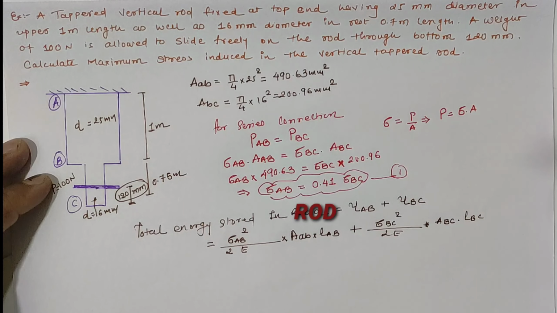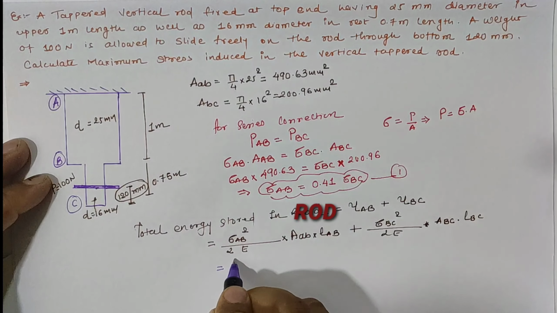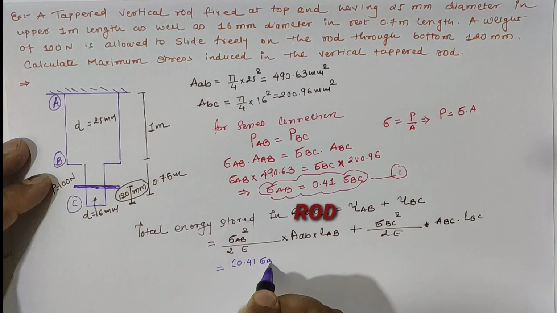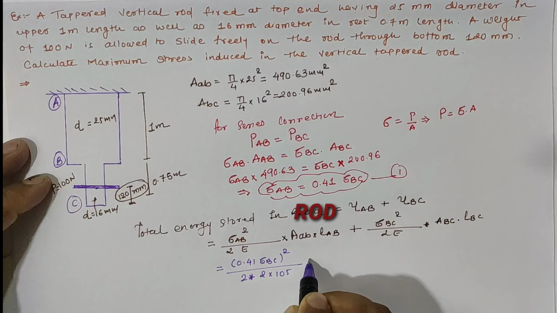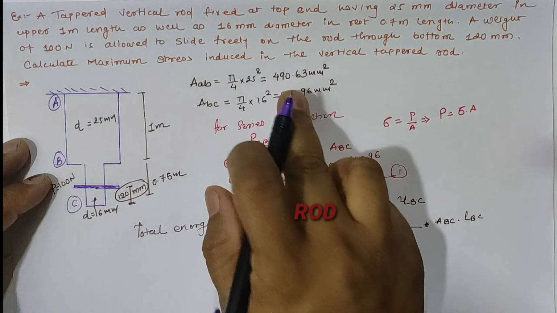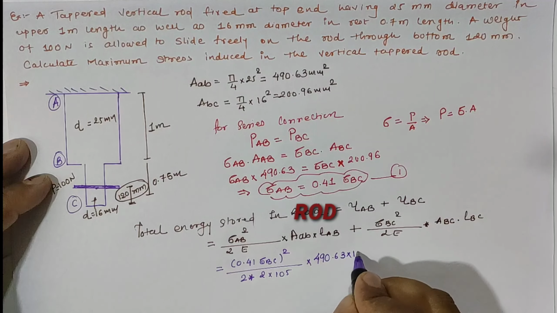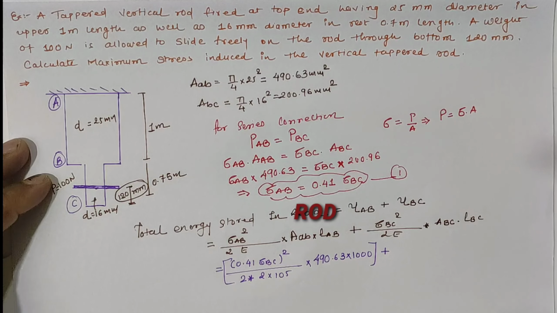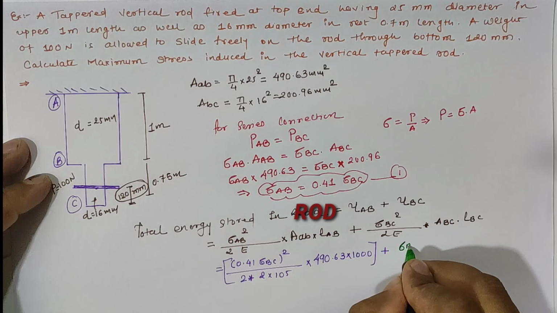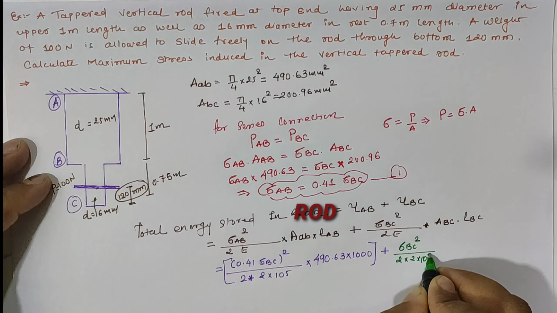Now let us put all the values. We will have sigma AB square as (0.41 sigma BC) square divided by 2 times E as 2 into 10 raised to 5, into area as 490.63 and length as 1 meter, which is 1000 mm, plus for the BC part it is sigma BC square divided by 2 into 2 into 10 raised to 5.